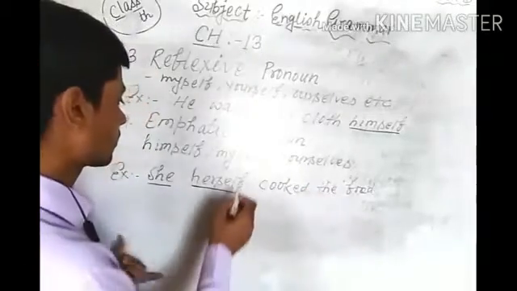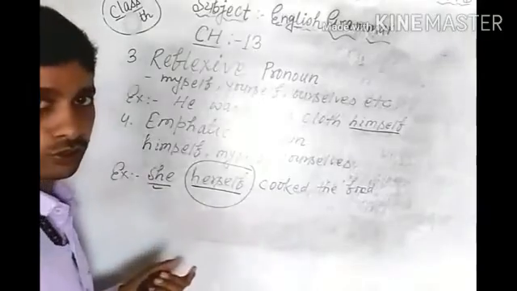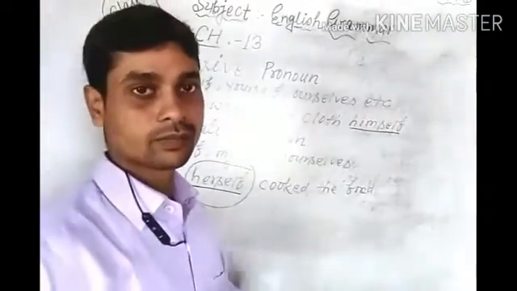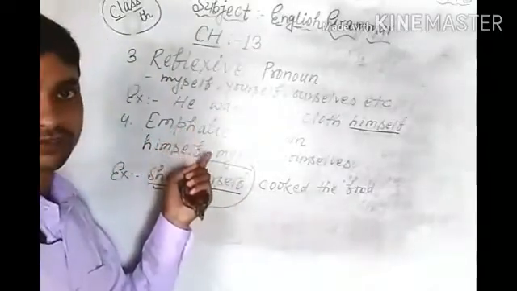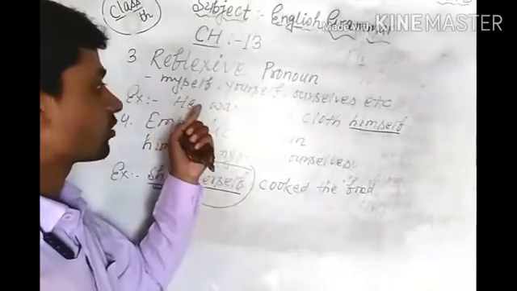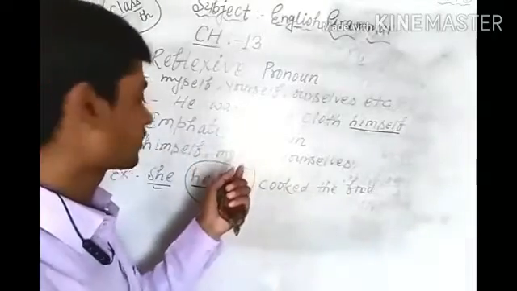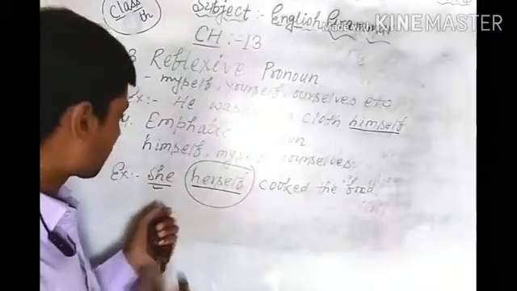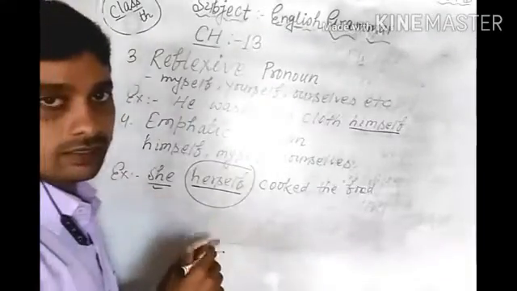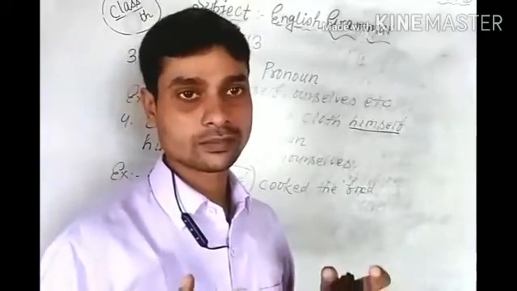In this sentence herself is used after the subject. So there is a very simple recognition of reflexive or emphatic. Reflexive words are used after the verb or as an object, but emphatic pronouns are used after the subject, and in that sentence there is an emphasis, a pressure.